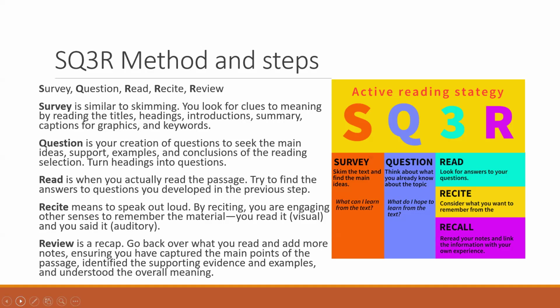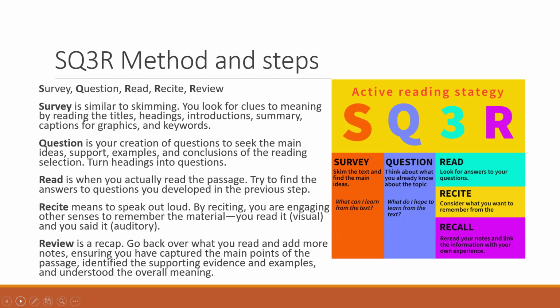And now the three R's. So after you skimmed it, you pose questions based on what you've read and the headings. Now you go in and read in more depth of the content so you can better understand it. And then try to find the answers to the questions that you developed. And then recite means to speak it out loud. You're engaging other senses to remember the information.